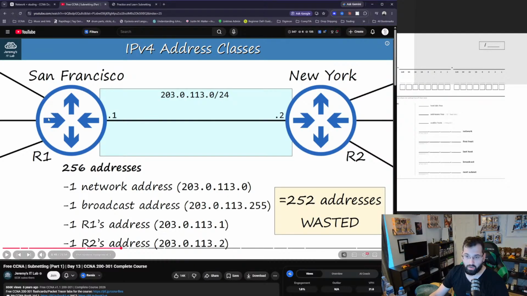It's not that the router as a whole has an address. It's each interface that has an address. So we have our broadcast and our network and then the actual things that are there. That's why 252 are wasted, because we still have this huge portion of addresses that we could divvy up to something, but it's just not needed.